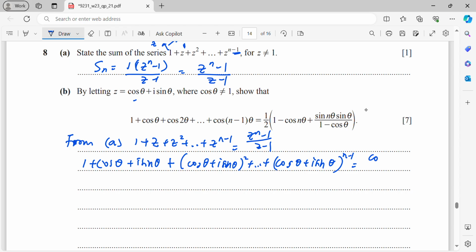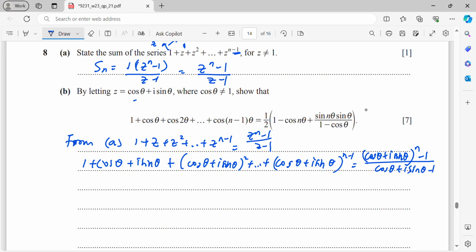This is cos theta plus I sin theta degree n, then minus 1 over cos theta plus I sin theta minus 1.